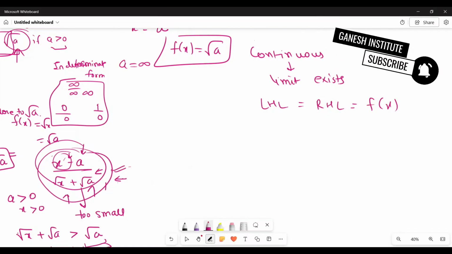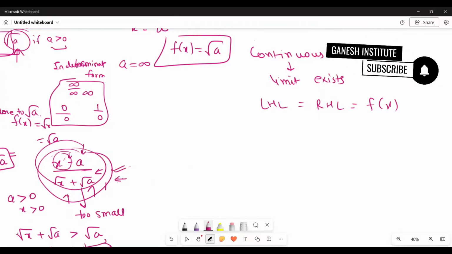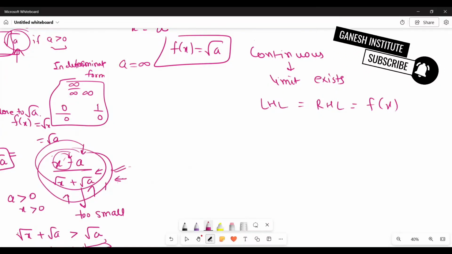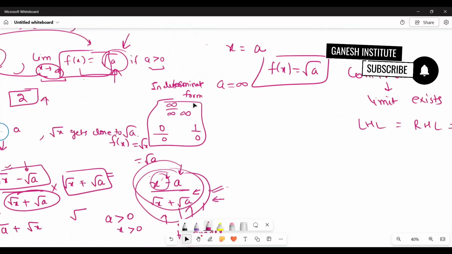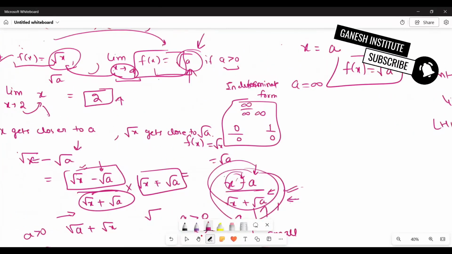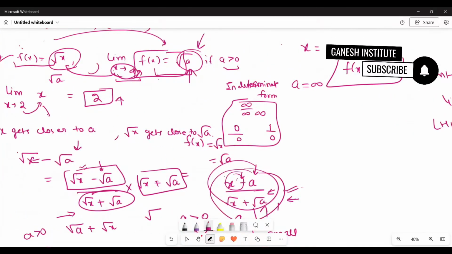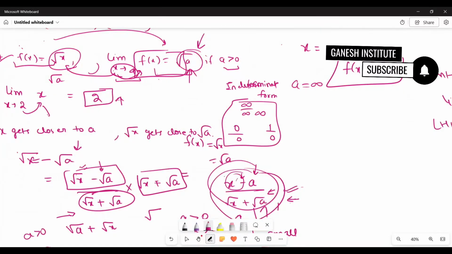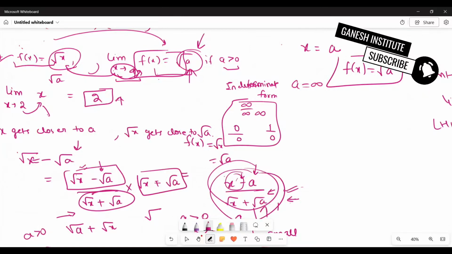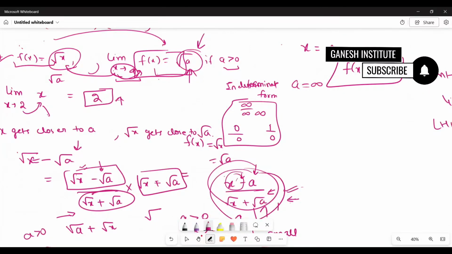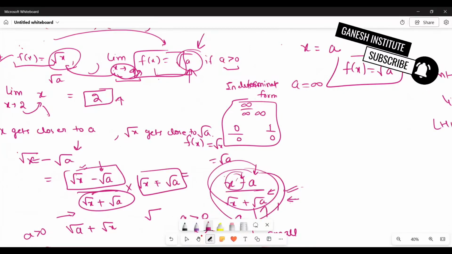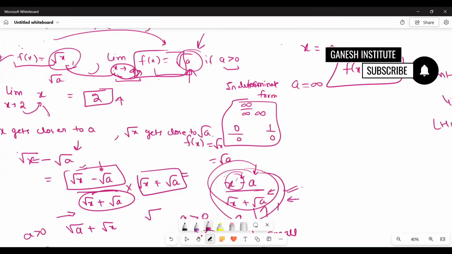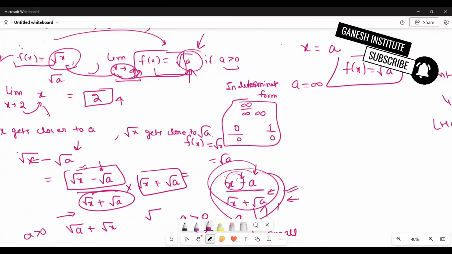So you will say that because this is a square root function which is continuous, the limit exists. And if the limit exists, we can substitute it simply in the question, and I'll get f(x) equals root a. If this is a short answer form question, then you can do it this way also. Is this fine?